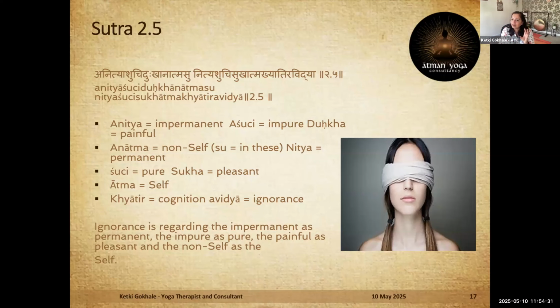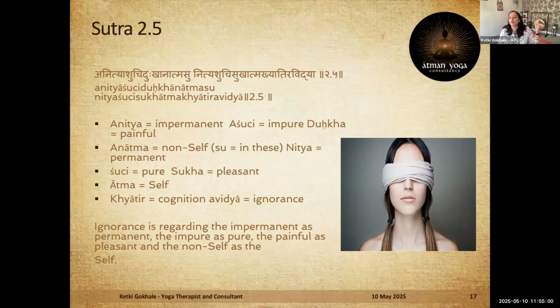Ignorance is regarding the impermanent as permanent, the impure as pure, the painful as pleasant, and non-self as the self. All these years I have acted like this. I am deeply rooted in this ignorance, this avidya. And that is the root cause of all our sufferings.